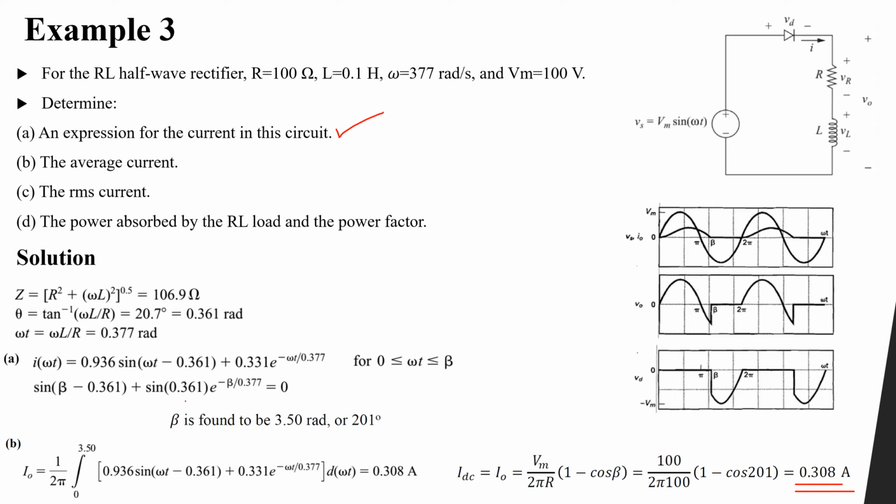Integrating in the calculator from 0 to 3.5, you will get 0.308, similar to the previous result. So we get the average current.